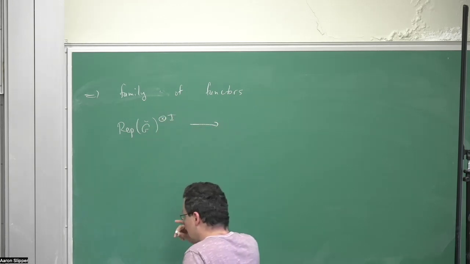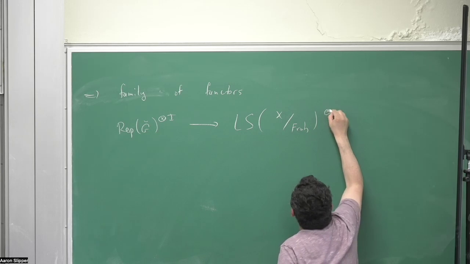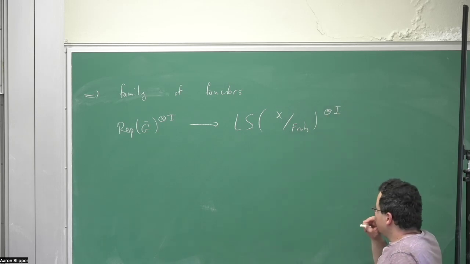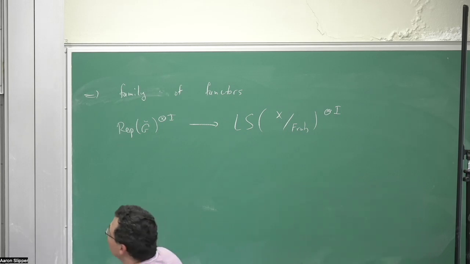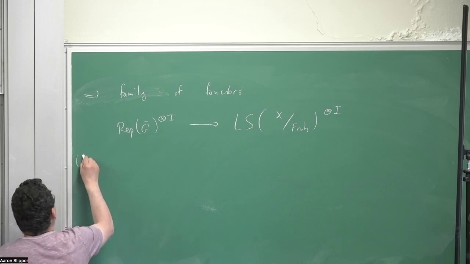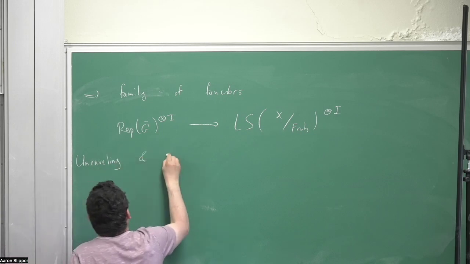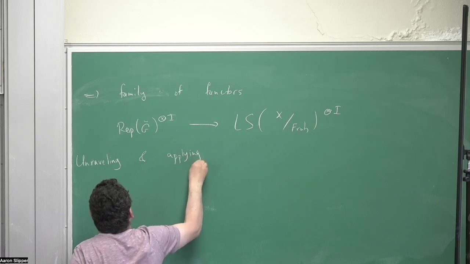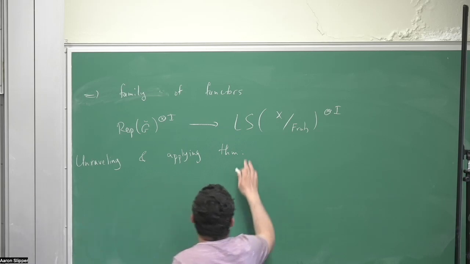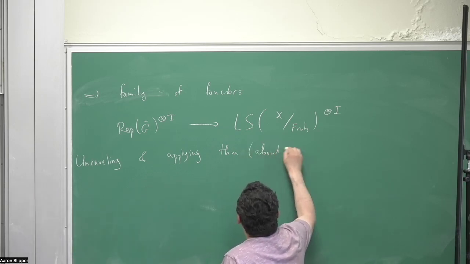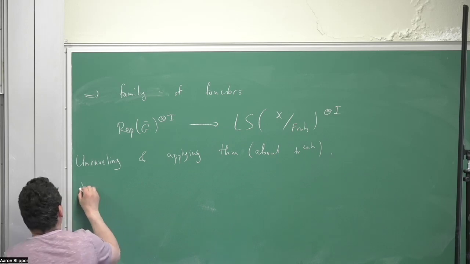to local systems on this X mod Frobenius, and so on. So unraveling and applying that theorem, a version of the theorem about trace enhanced, it gives the following thing, that the composite functors.